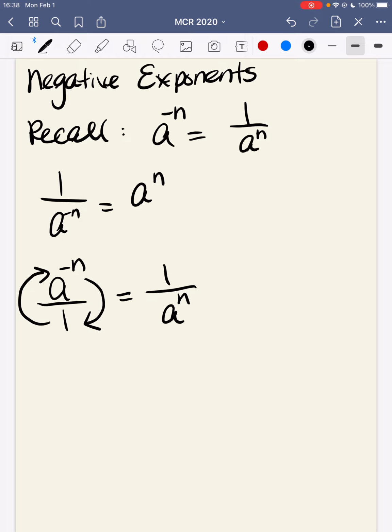Okay. And we use these rules a lot for division of monomials, and that's kind of where we're going with this. So negative exponents are a form of division.